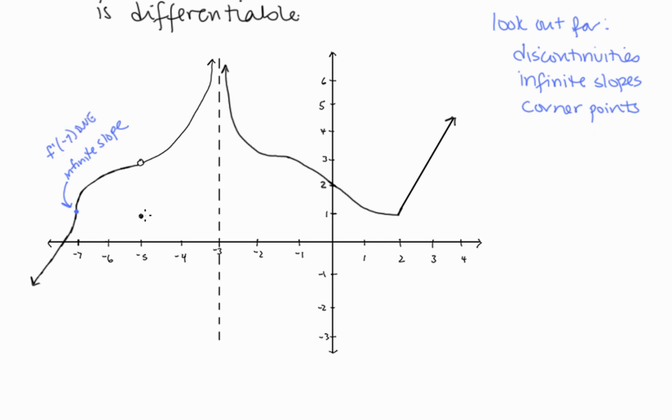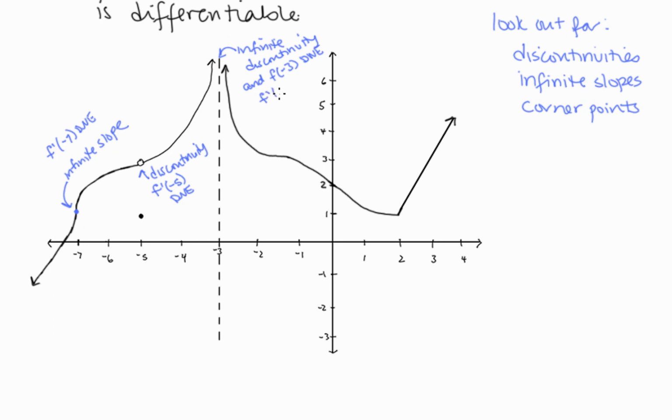At x equals -5, we have a discontinuity. So f prime of -5 does not exist. Here, at x equals -3, we have an infinite discontinuity. But beyond that, the function's not even defined at x equals -3. So if the function's not defined there, certainly we can't even talk about a derivative being defined there.